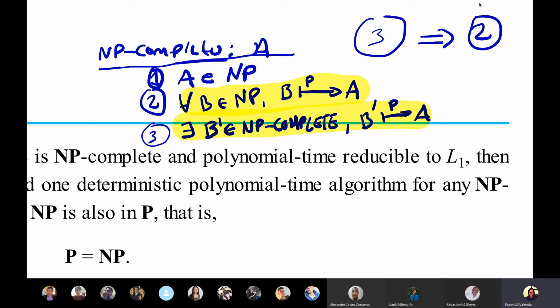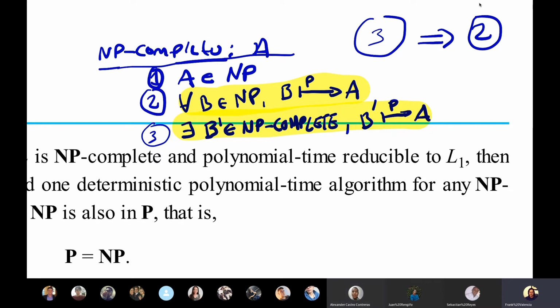Can you tell me why? Meaning that condition 3 implies condition 2. What means the transition between B to A, and what means that B can be transformed in polynomial time to A. What we just saw before.